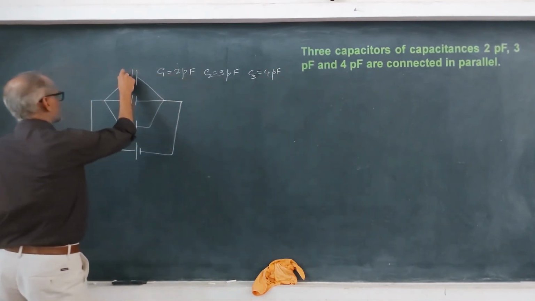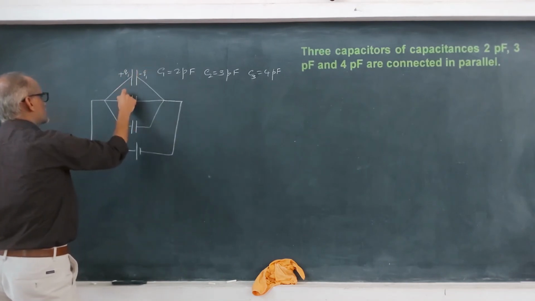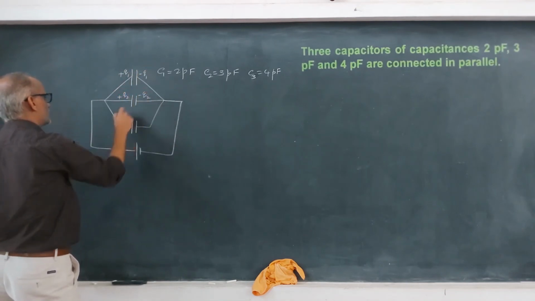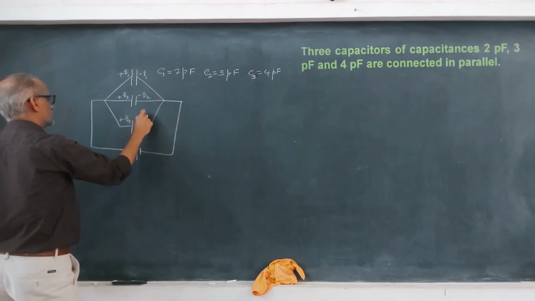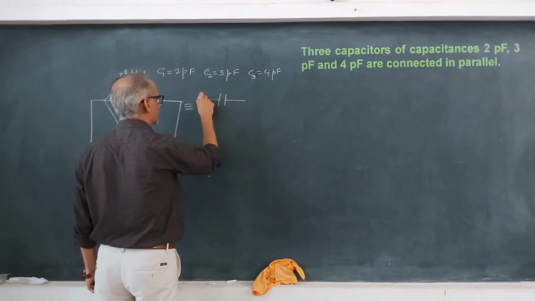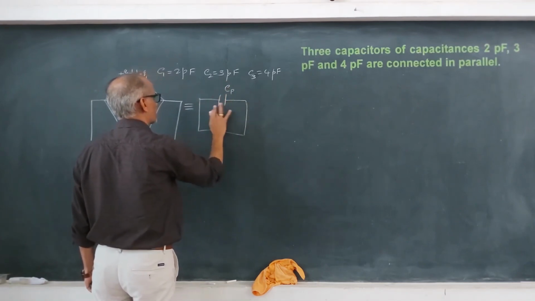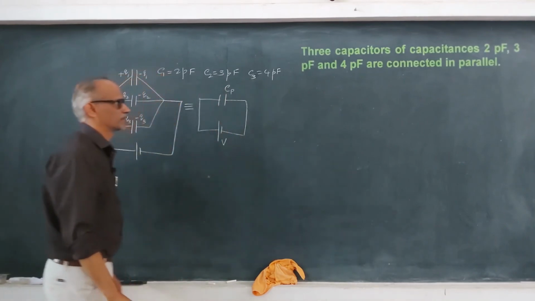So what about the charge? Plus Q1 minus Q1, plus Q2 minus Q2, plus Q3 and minus Q3. We replace that by one single equivalent capacitor whose capacity is Cp, and the potential difference is V.